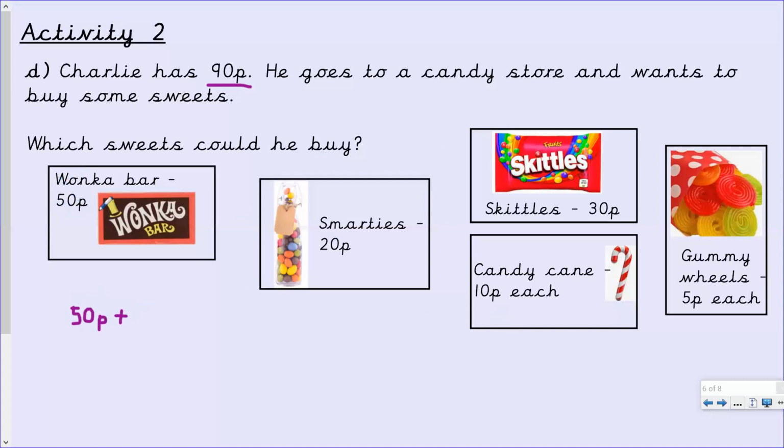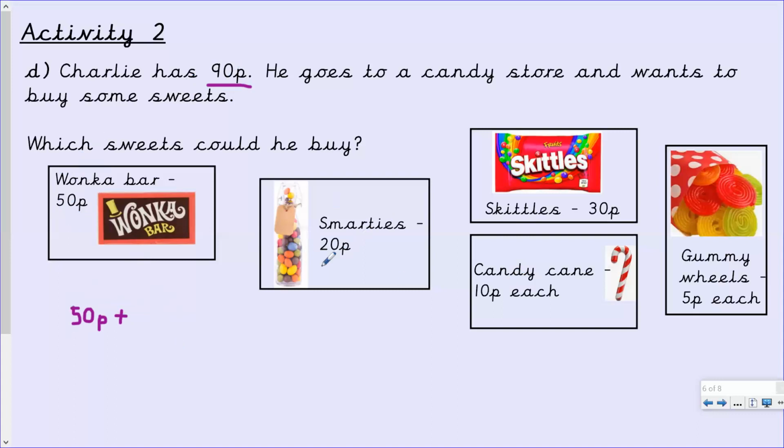Could he buy another Wonka bar? No, because we know that 50p plus 50p equals 100 pence or £1, which is more than what he has. So he can only afford to buy one Wonka bar.